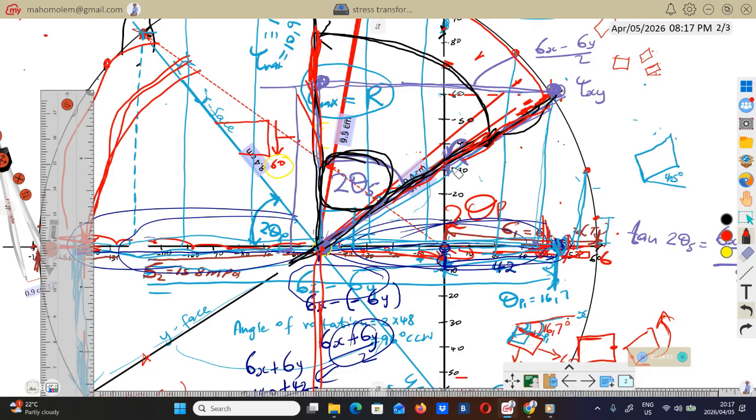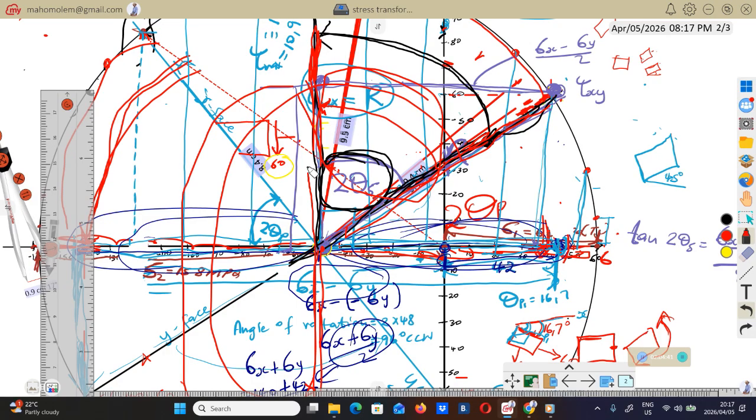So to move this one to the plane of maximum shear stress, you must move by the angle of 57. To move from here to there, which is for plane number 2, you must say 57, this angle here, plus this angle of a straight line, which is 180.